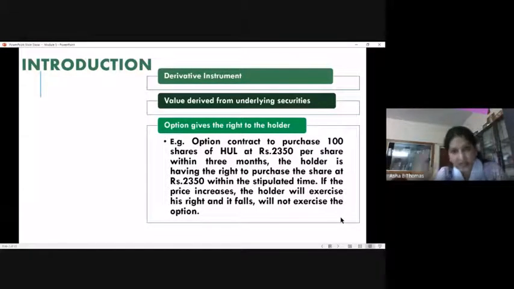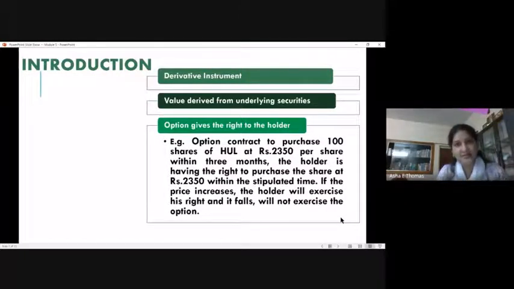So such a condition in a call option is called in the money. In a put option also this will happen. How does that happen? If you have bought the right to sell an asset at 2,350, and you find that the market price is 2,250, you are in the money.